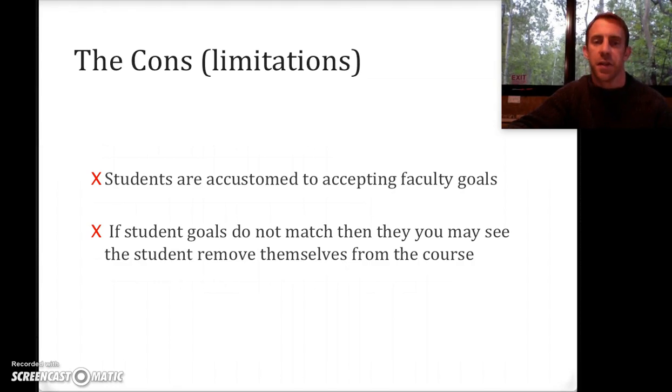So the limitations to this are that, more often than not, students are accustomed to accepting faculty goals. We're brought through our educational careers, if you like, through high school, being told what we need to be learning.